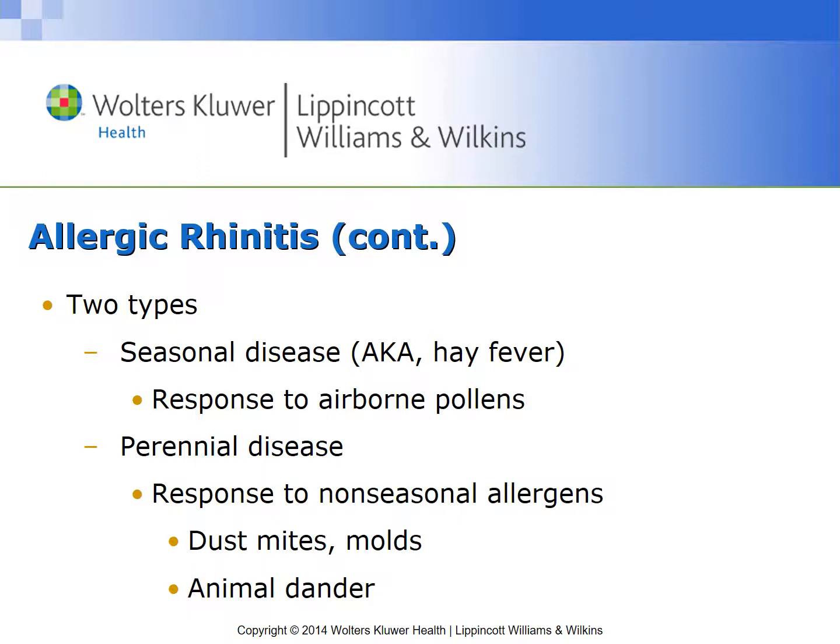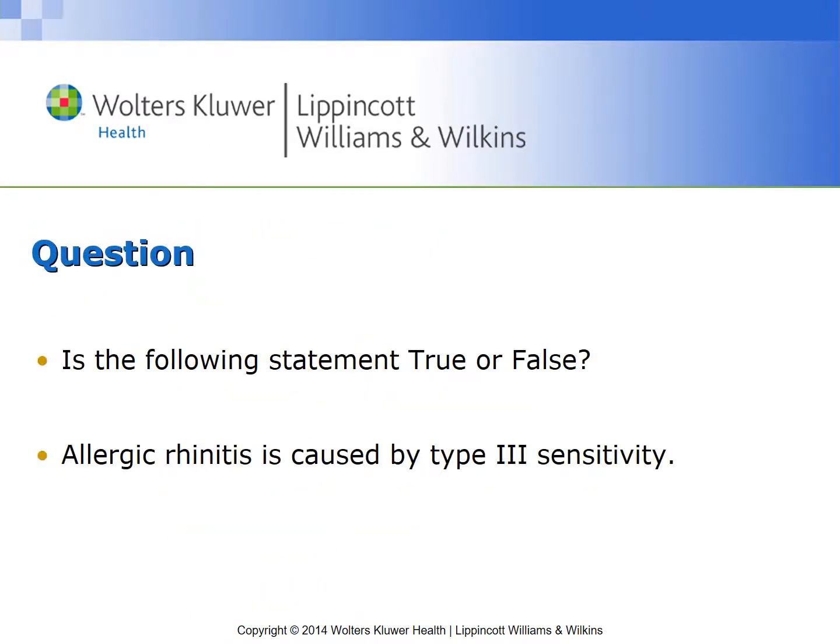So we have to turn that histamine off, because that histamine is what's causing us to have issues, and that's why we take antihistamines. So, allergic rhinitis is caused by type 2 sensitivity? Nope. The answer is type 1. Okay, because it's an immediate reaction.